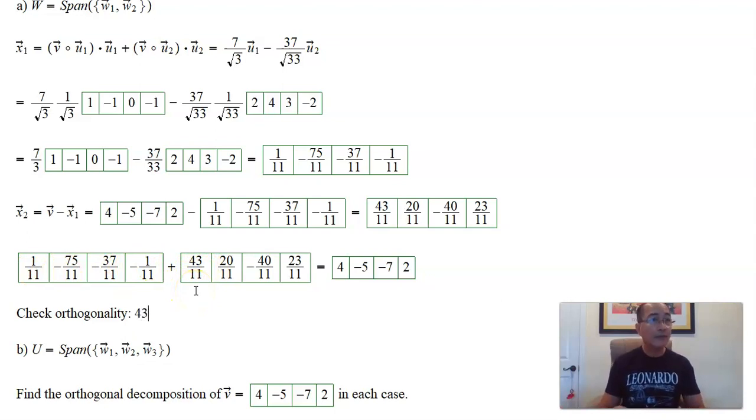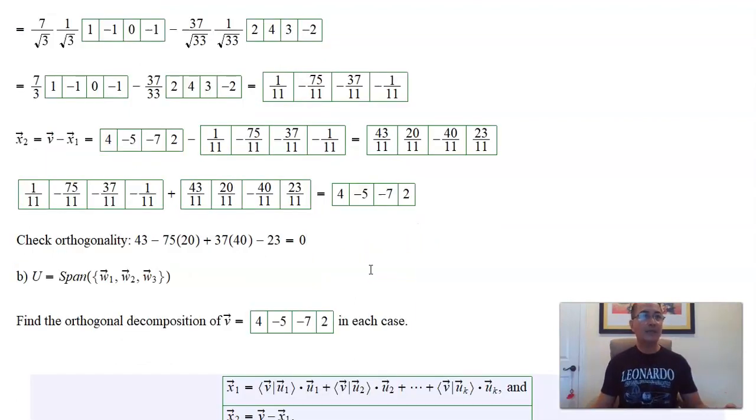You will get 43 from the first, minus 75 times 20 in the second. Make sure you have the same denominators here and here. Sometimes Maple simplifies. Plus 37 times 40, and then minus 23. Maple, is that 0? Yep, that's 0. So our x2 really is in the orthogonal complement.